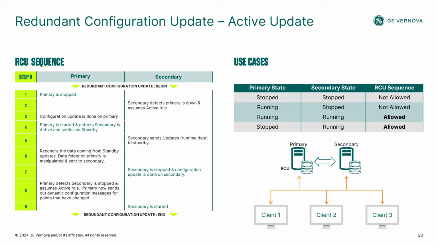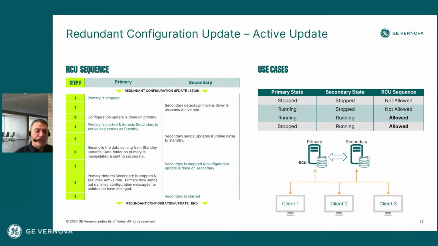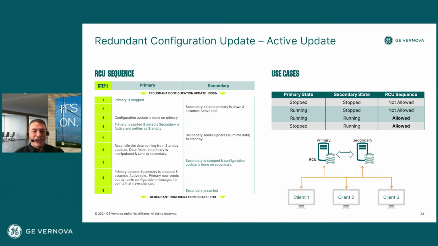It's going to take the new project files and update them. It'll then resume. It'll actually then stop the secondary and start running back on the primary, and then ultimately synchronize the configuration changes back to the secondary. So now you've got an updated system essentially. So this is all automated for you.